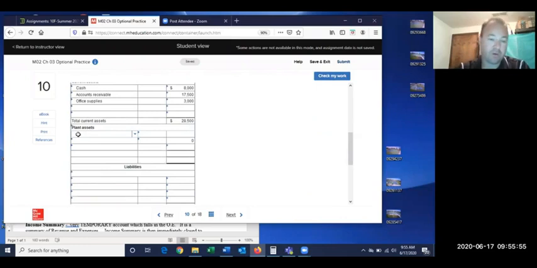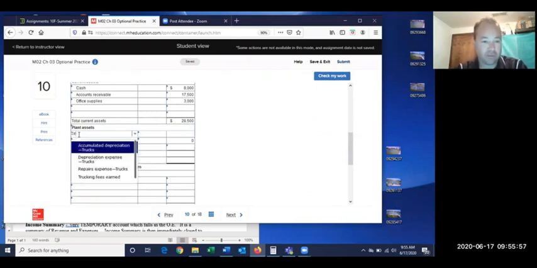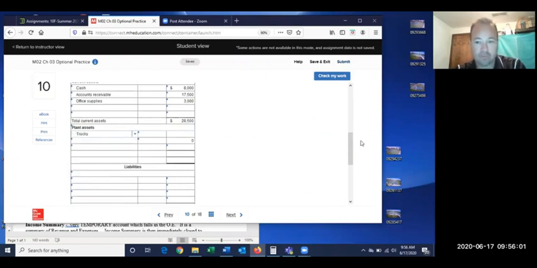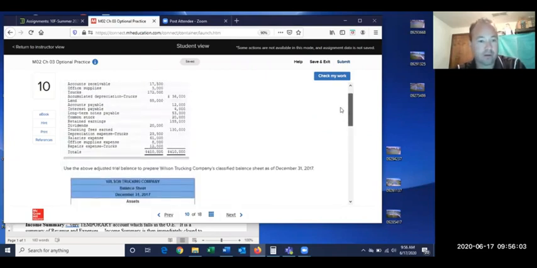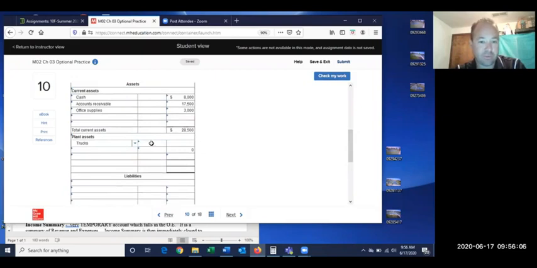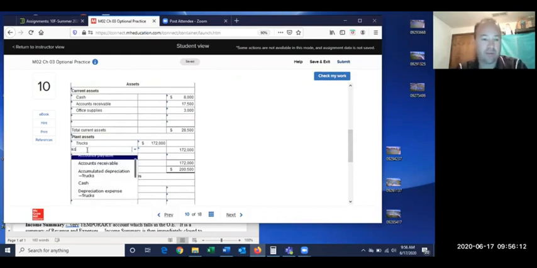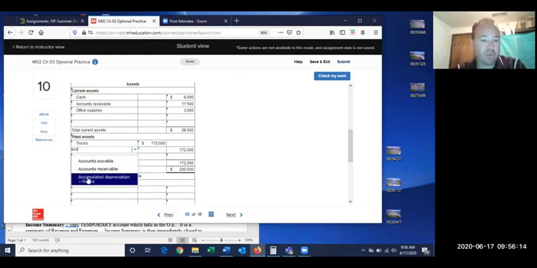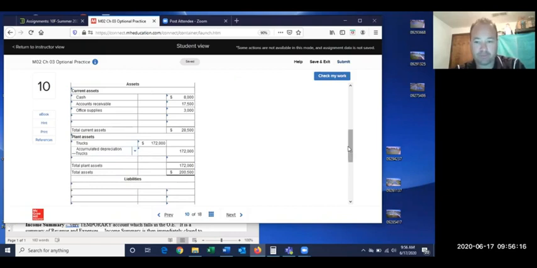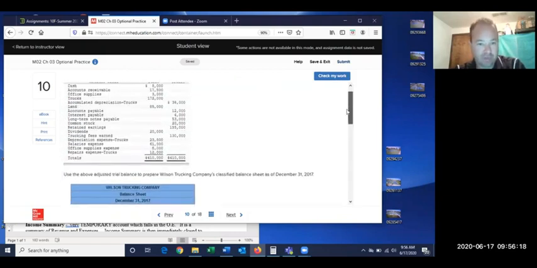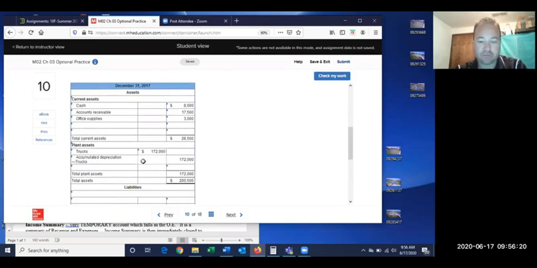So we're going to put up here, let's do our truck. And our truck was at 172. Now, right next to truck, we put them together. We've got our accumulated depreciation. So let's put that in here, 36,000.